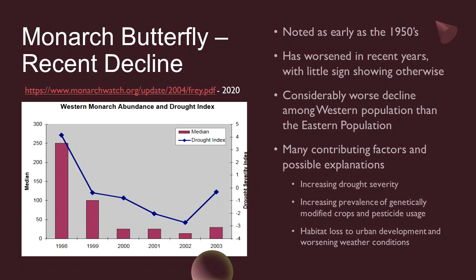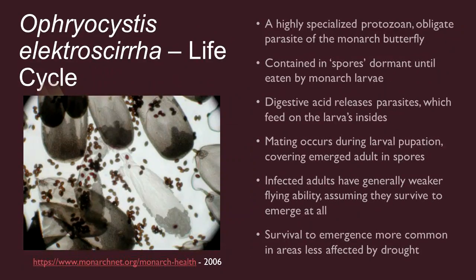It's also worth noting that the western population is considerably more affected by this decline than the eastern population, with potential factors being increasing drought severity, increasing prevalence of genetically modified crops and pesticide usage, habitat loss to urban environments, weather conditions, and also herbicide usage, etc. And then one last factor, Ophryocystis electroscura.